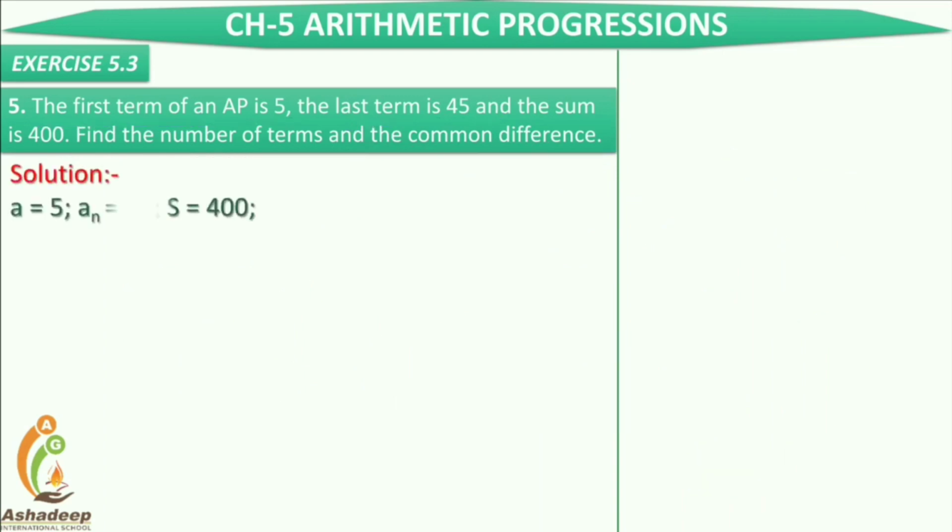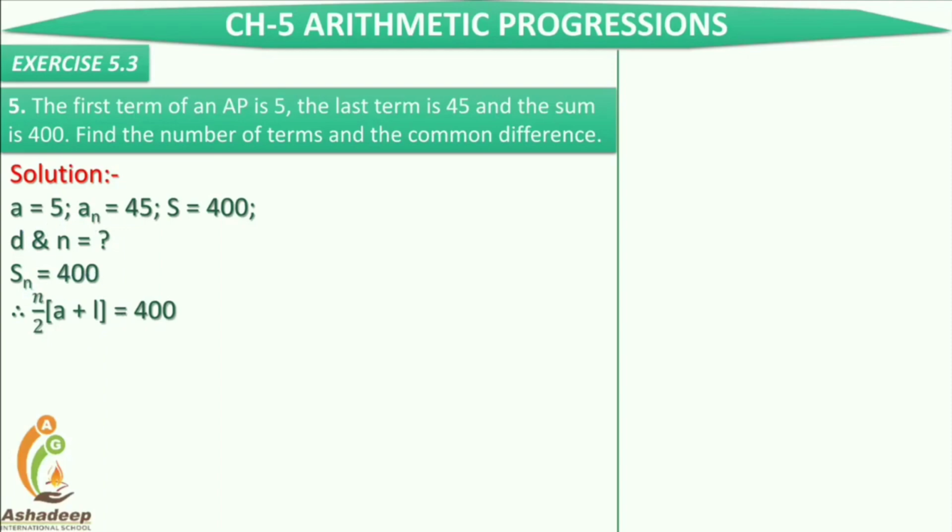Now let's see the step by step solution. A is equal to 5, AN is equal to 45, and S is equal to 400, right? We need to find D and N. Sn is equal to 400, that is already given. But we have the formula for Sn. I have already discussed in the beginning of the session that whenever we have A and AN, at that time we will use this formula, right?